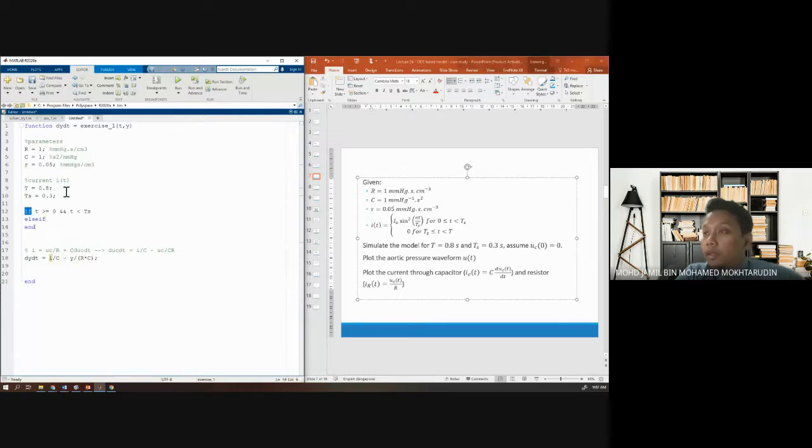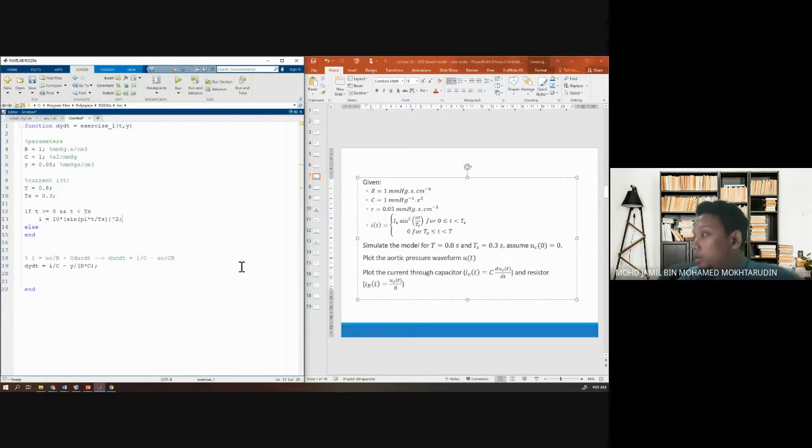else if, I equals I naught times sine of pi times t over ts, squared.